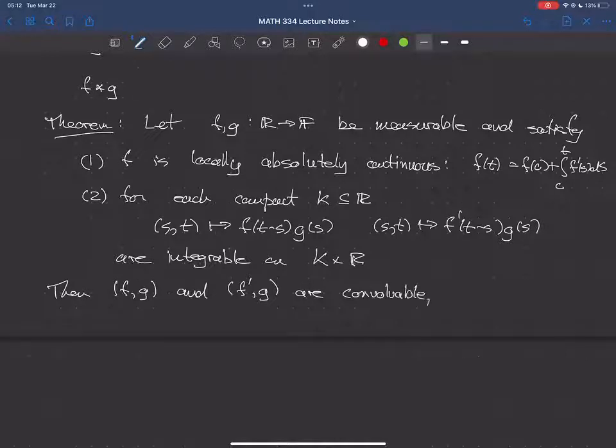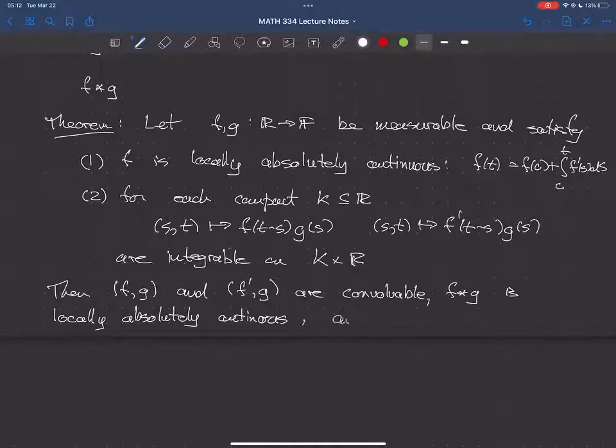The convolution is locally absolutely continuous, meaning it has a locally integrable derivative. I say that sloppily. I mean that there's a function (f star g) prime, which is locally integrable, and f star g is given by a formula like that.